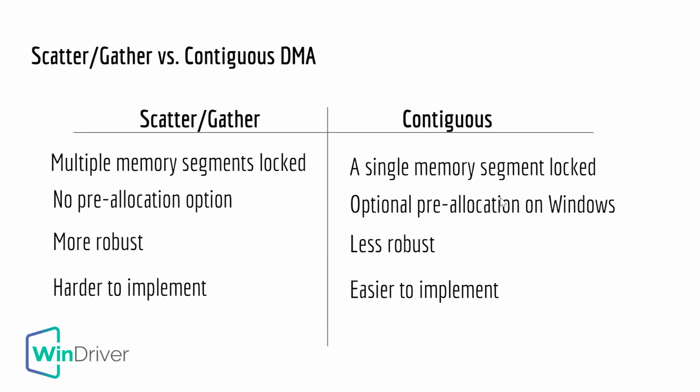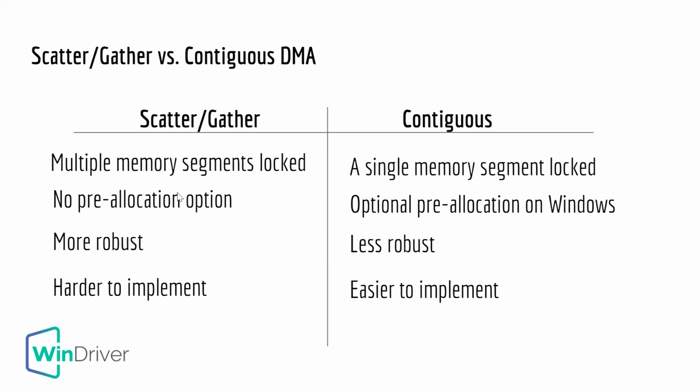We can pre-allocate memory on Windows using the INFs. I will show you shortly. And this option is not available on Linux, because Linux is much lighter than Windows, and it's not available on scatter-gather because it makes no sense.